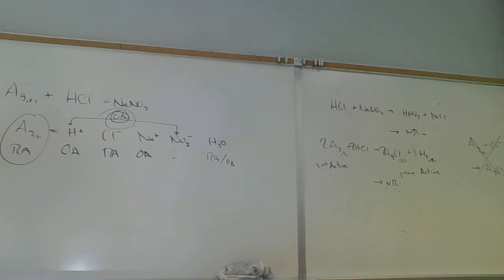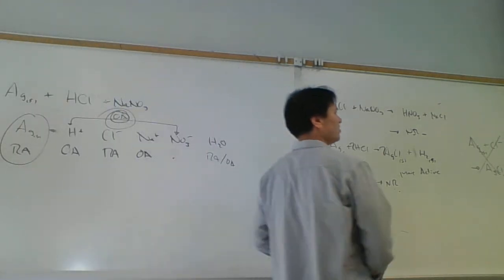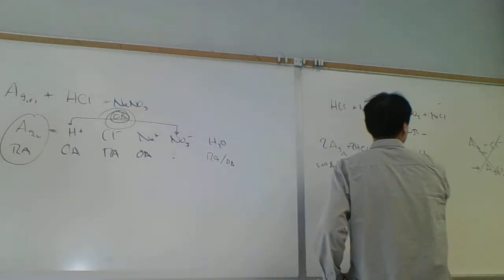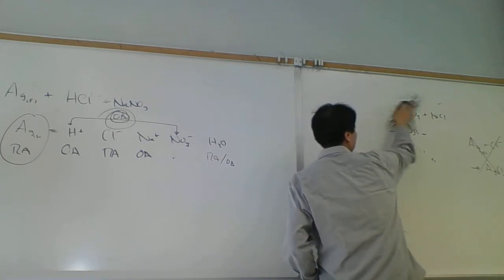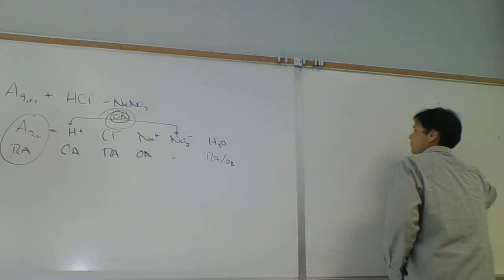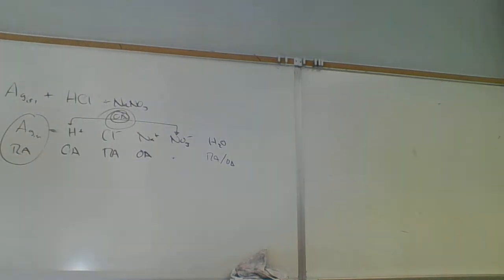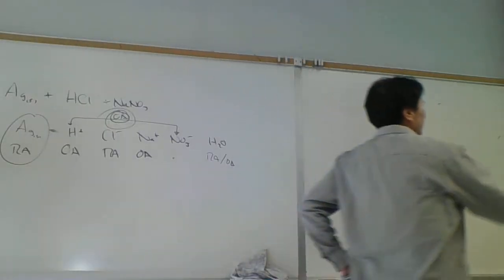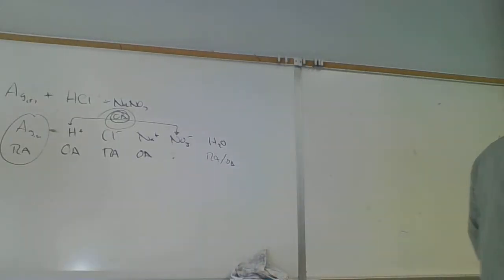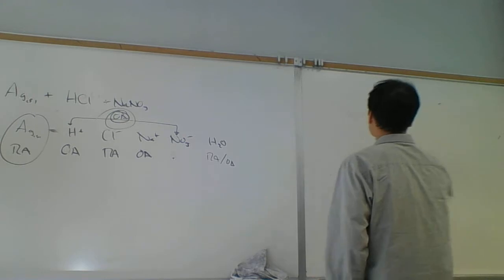The next step would be to combine the strongest oxidizing agent half reaction with the strongest reducing agent half reaction. The half reactions we just copied from the chart. So I'll copy the nitrate here. I'm just going to copy it as it's written.